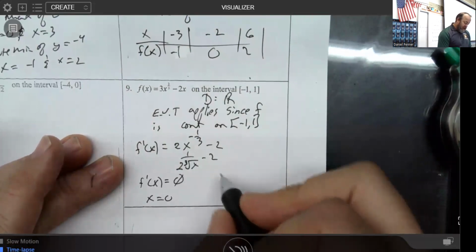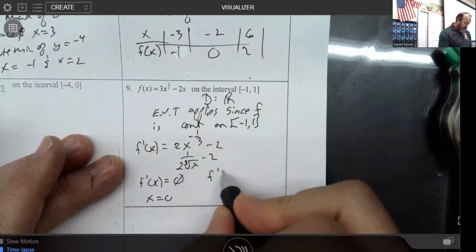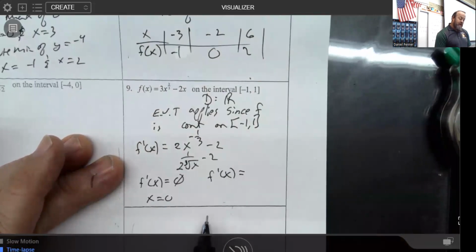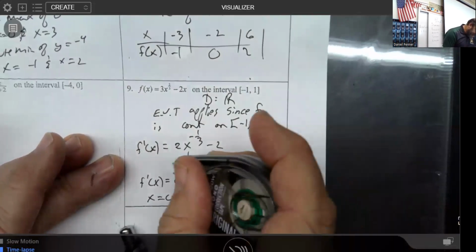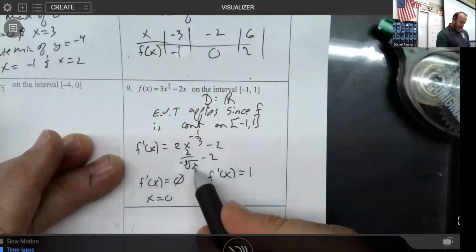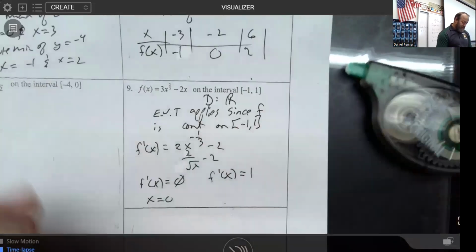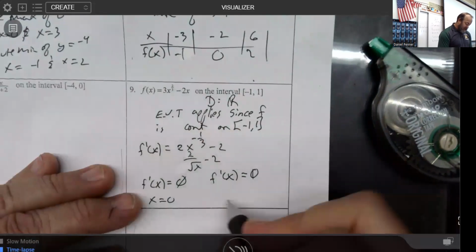I also want to find out when this is equal to 0, and just for the sake of being quick about it, because I'm running out of time, I can tell that that number is going to happen when x is 1. I accidentally put that 2 in the bottom. And you can see that because 2 divided by 1 would be 2. And 2 minus 2 is 0. So I know that f prime of x is 0 at x equals 1.